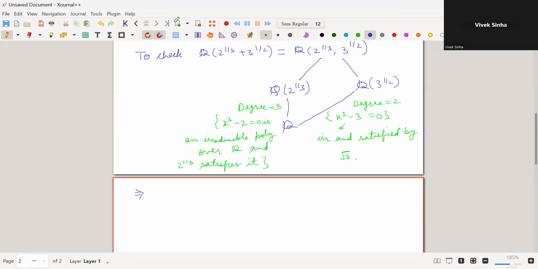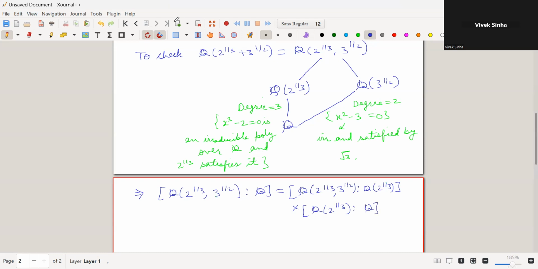This means that the degree of Q(2^(1/3), 3^(1/2)) over Q is the same as the degree of Q(2^(1/3), 3^(1/2)) over Q(2^(1/3)), multiplied by the degree of Q(2^(1/3)) over Q. So we have a tower.